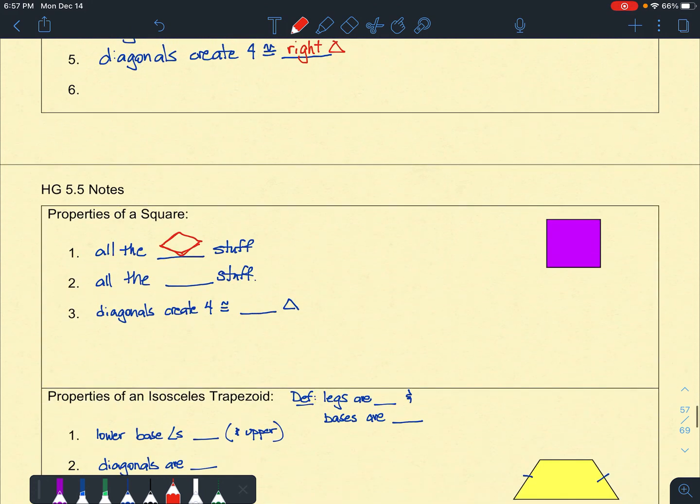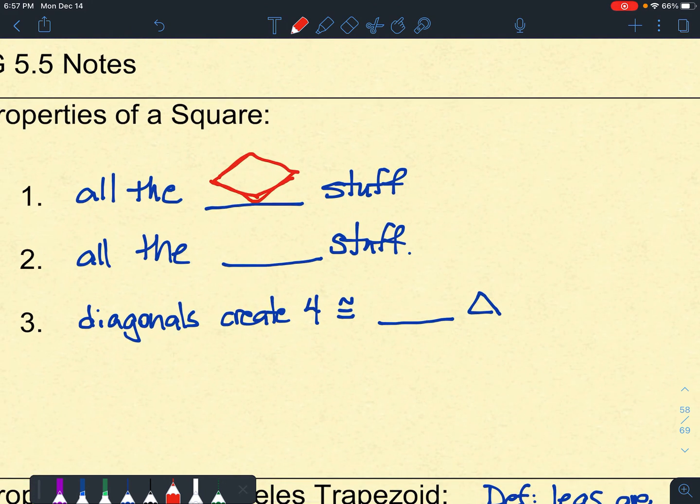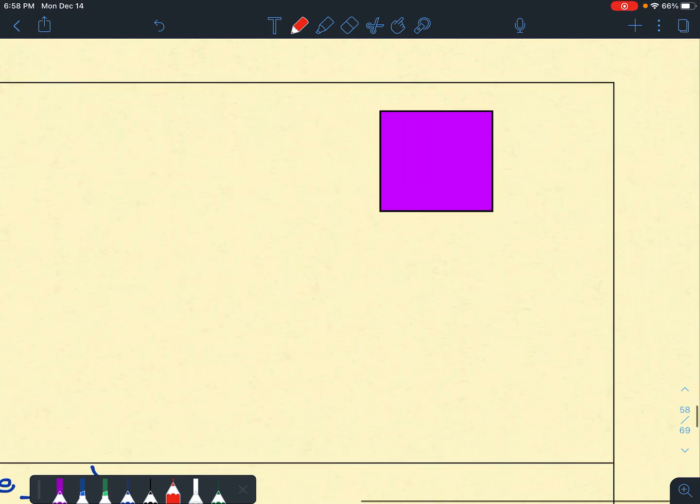So we inherited all the parallelogram stuff, but we also get the rectangle stuff, which is the angles. So all the sides, all the angles. And again, the diagonals create 4 congruent right isosceles triangles. So these, we've got the right angle, and these also are now congruent to those. Okay?